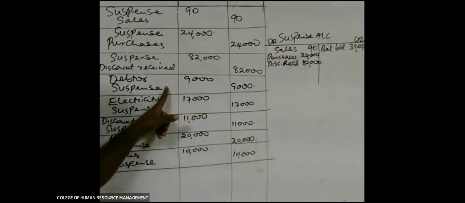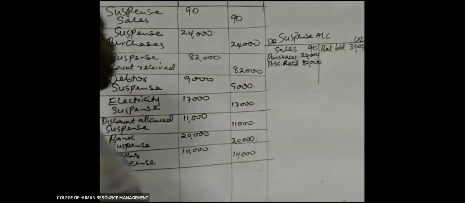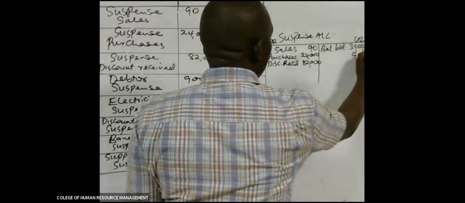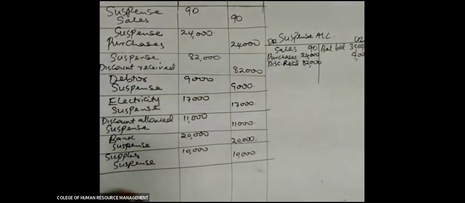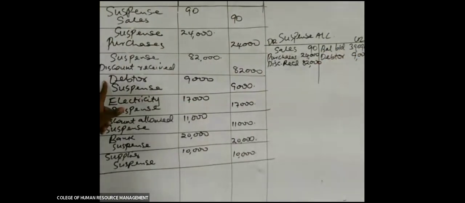Number 4, look at the suspense account. The 9,000 is on the credit. So I'll credit my suspense account. The name of the account with the error is the debtor. I'll come here.